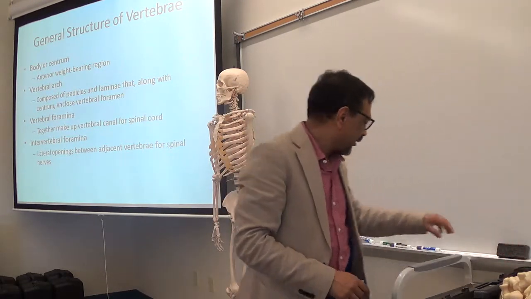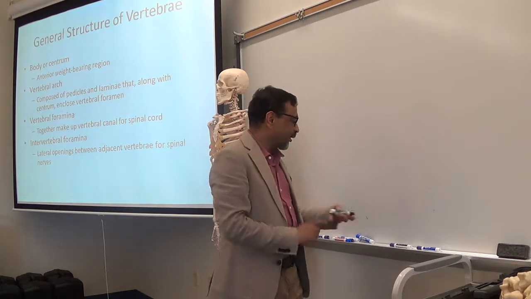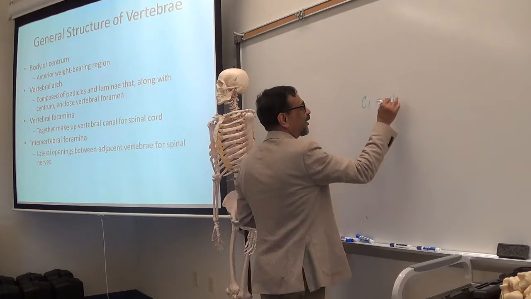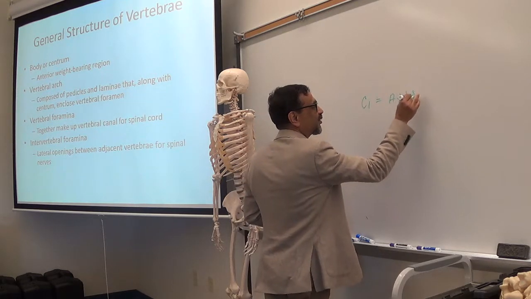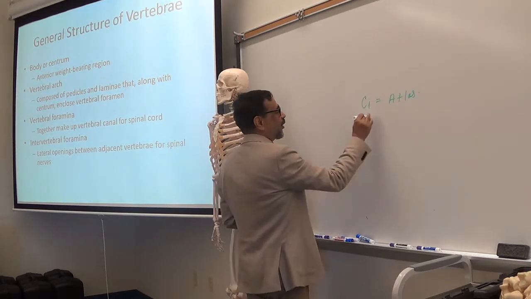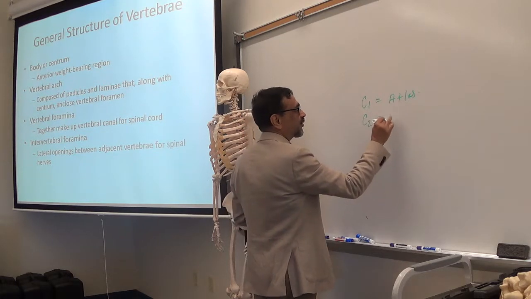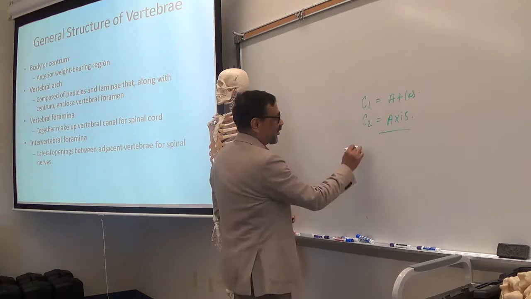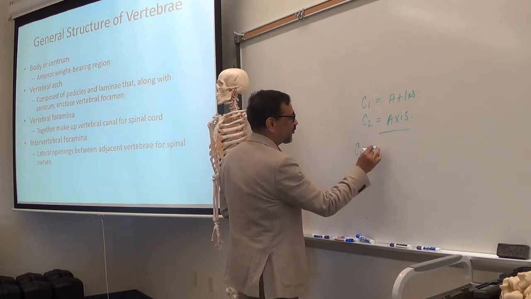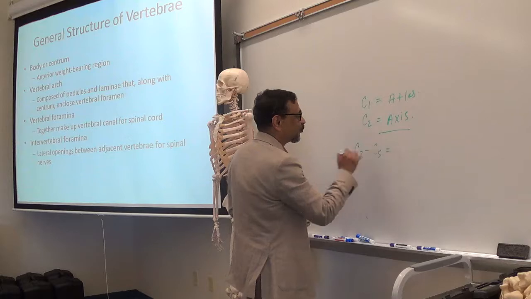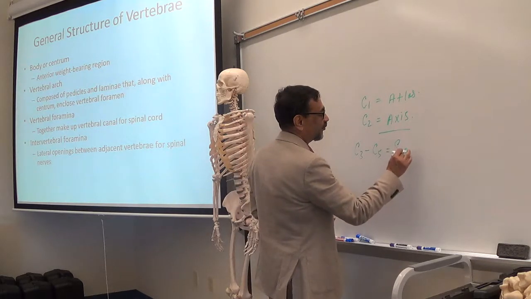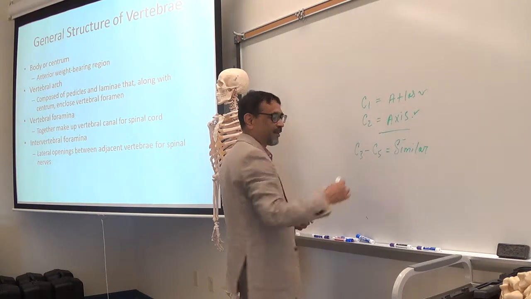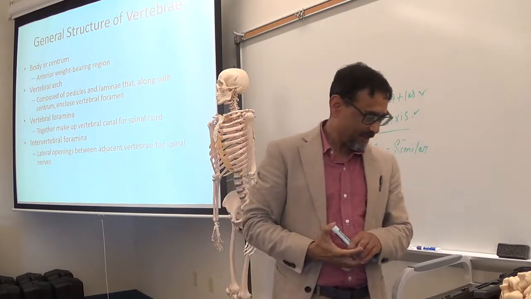Number 1 or C1 is called atlas, okay? And number 2 or C2 is called axis. C3 to C5, they're very similar, okay? But these two are very different.